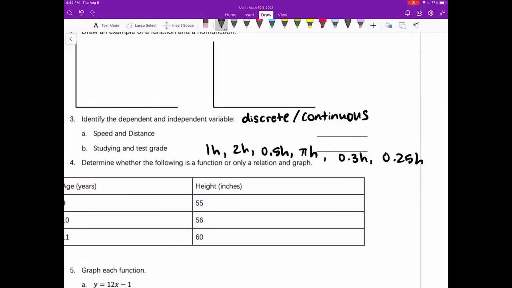Distance depends on speed. Test grades depend on studying. I wouldn't blame you. The question's worded kind of weird. If it said amount of time spent on studying, it would be much easier.